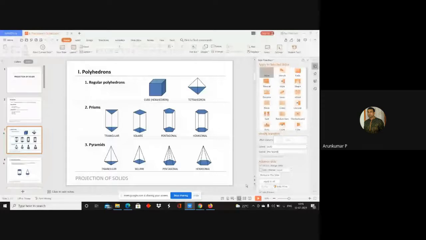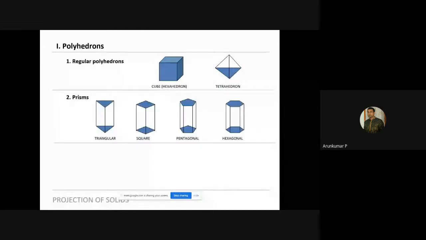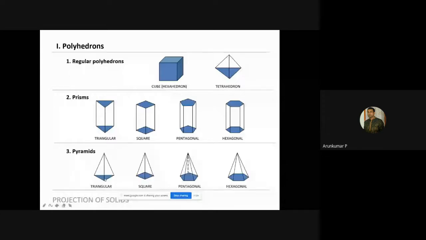These are the regular polyhedrons which you will have to deal with. Starting with a basic cube, tetrahedron, then these prisms: triangular prism, square prism, pentagonal prism, hexagonal prism, and these pyramids: triangular pyramid, square pyramid, pentagonal pyramid, and hexagonal pyramid.